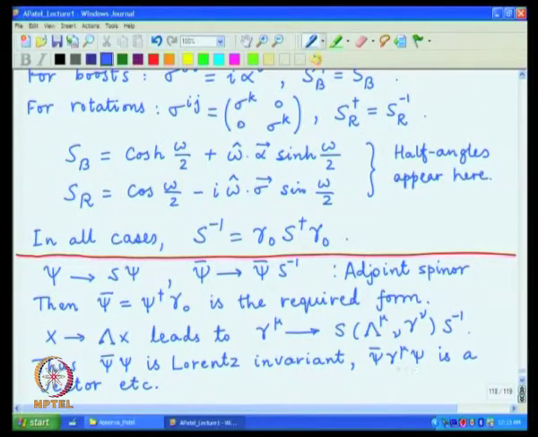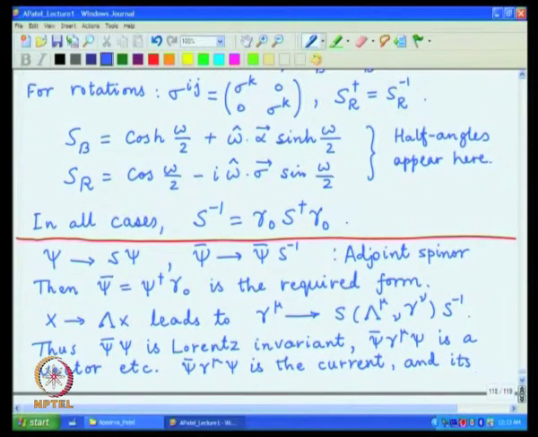The particular structure psi bar gamma mu psi is important because it is also the expression for the current. So, psi bar gamma mu psi is the current and its time component, which happens to be psi dagger psi, is the density.